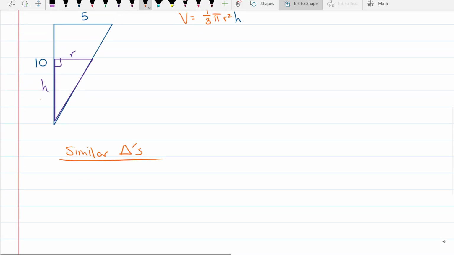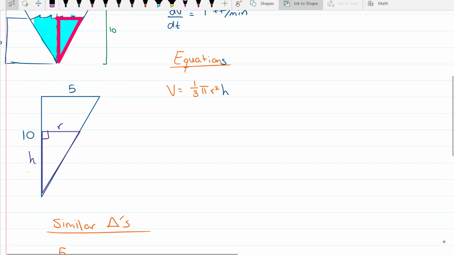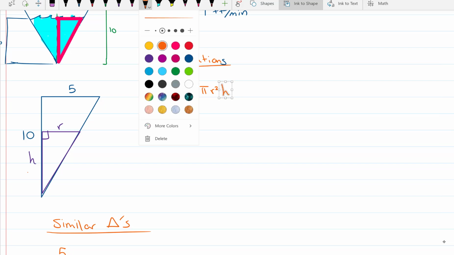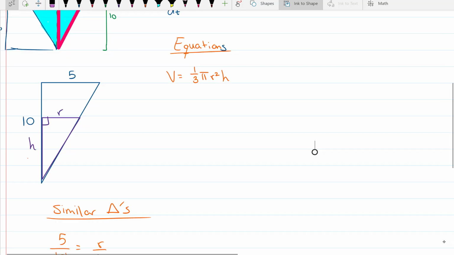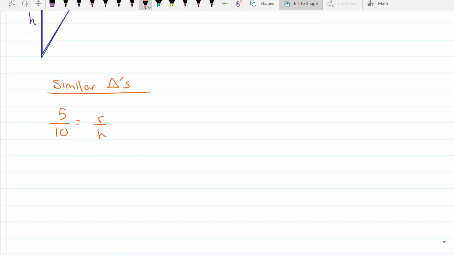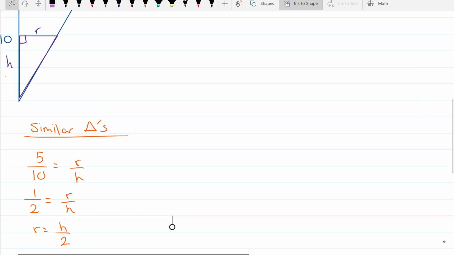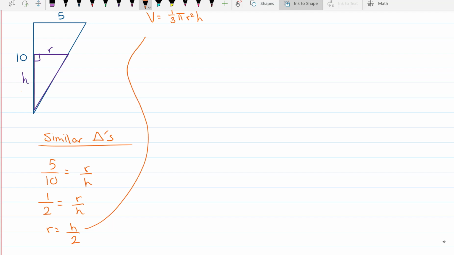We're going to say 5/10 is equal to r over h. Now in my formula, I only want to have h's because I don't know anything about the radius. All I know is that h is equal to 6. So I'm going to get r by itself. I get 1/2 equals r over h, so r is equal to h over 2. I'm going to take that and plug it in right up here.